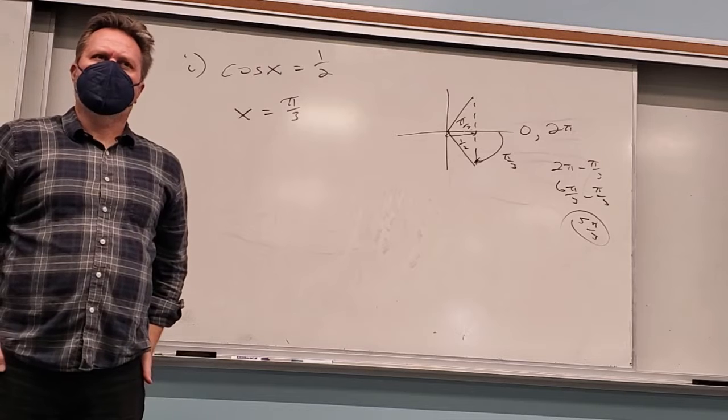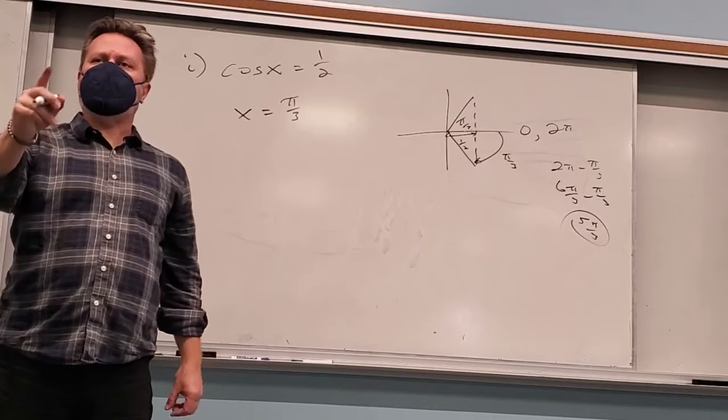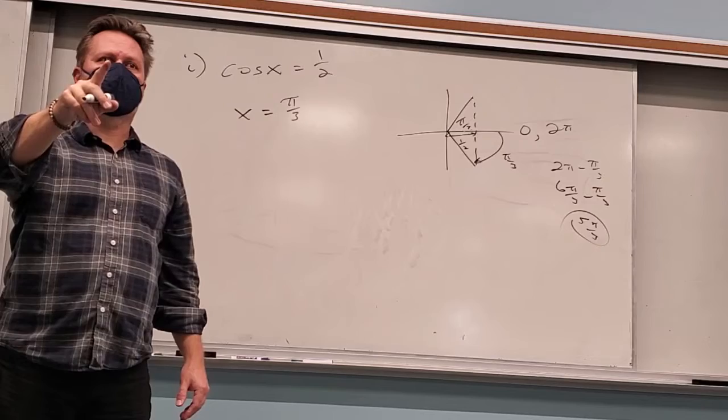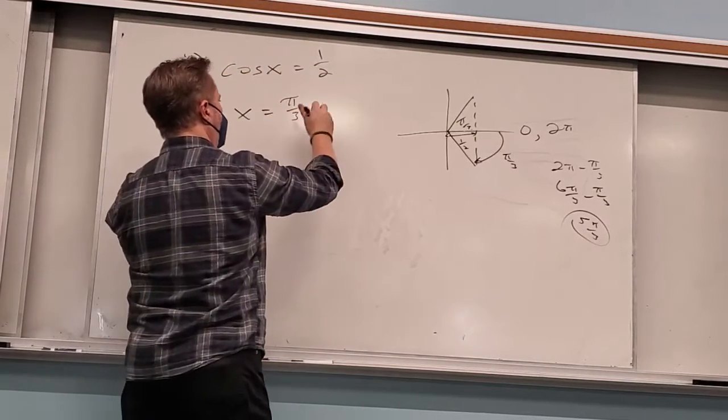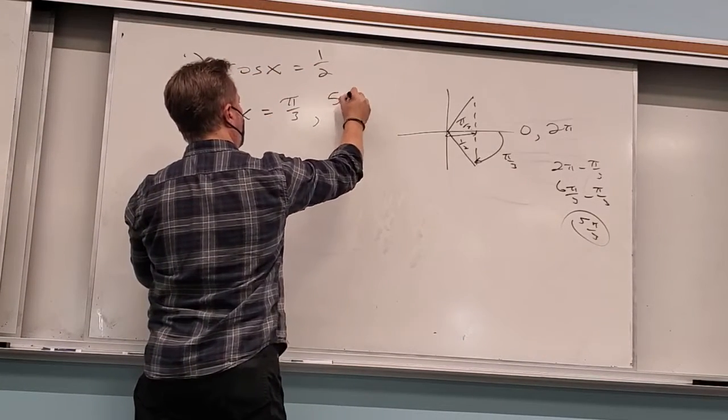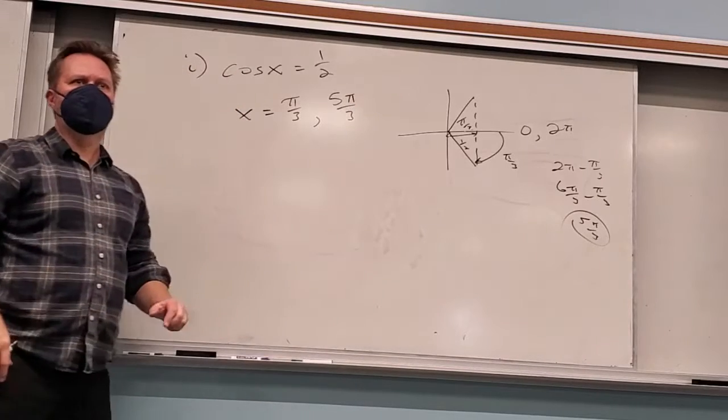Stop for a minute. Do you guys understand there's at least that answer also? So pi over 3 is not complete. Then you add 5 pi over 3 to the answer, right?